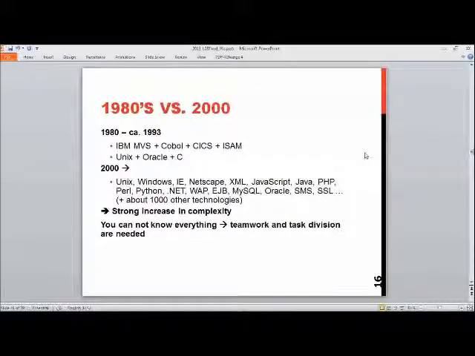Okay, so considering all this, has this development been positive? Well, obviously we have more sophisticated systems. They are more capable, they have more computing power than ever. But if we consider the amount of different technologies required to say that you really understand what's going on in the software industry, it's interesting that during the 80s there were really only a few things.